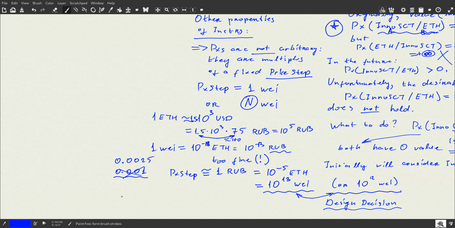Again, it is a design decision. When I explain the order book structure, we'll get a little bit closer to understanding how it is to be done. Or, if no explicit price step is given, it would be one wei by default. Okay.